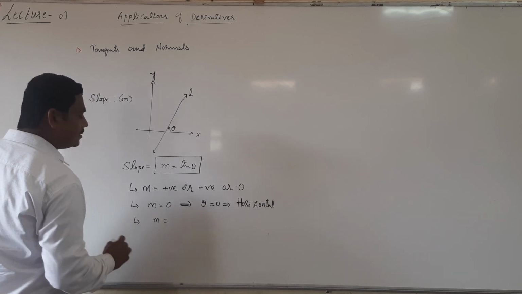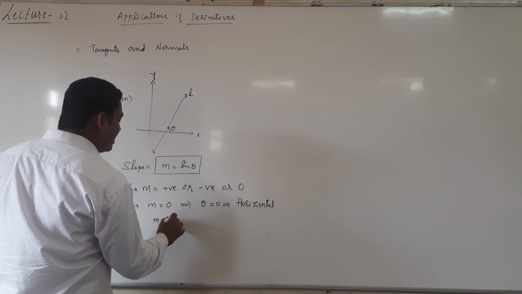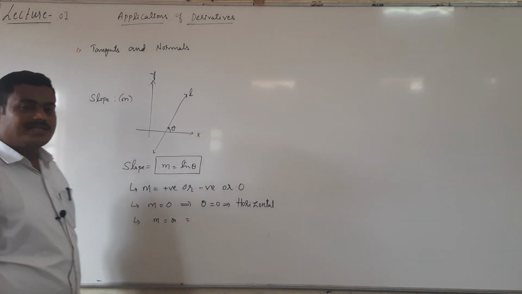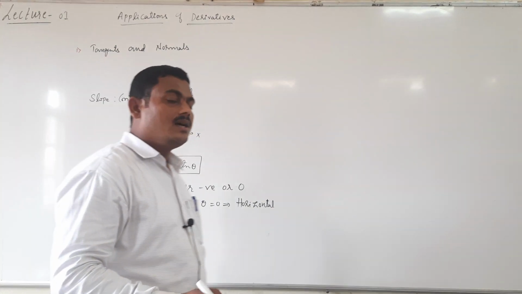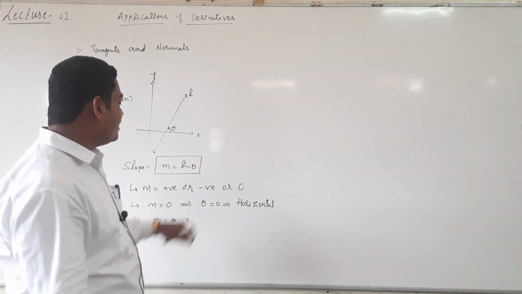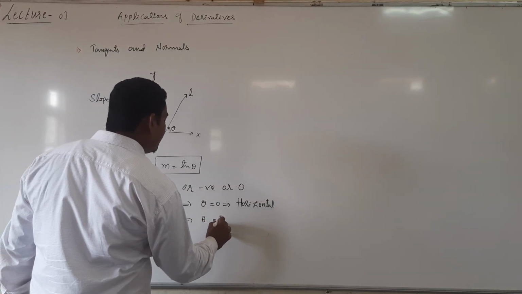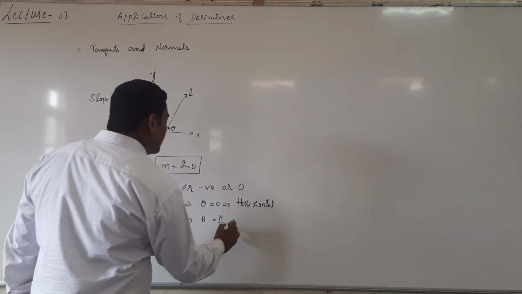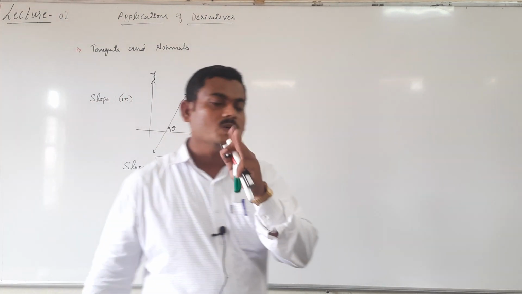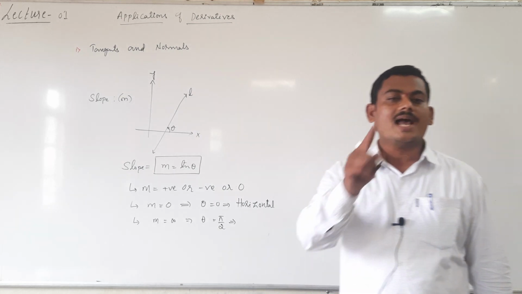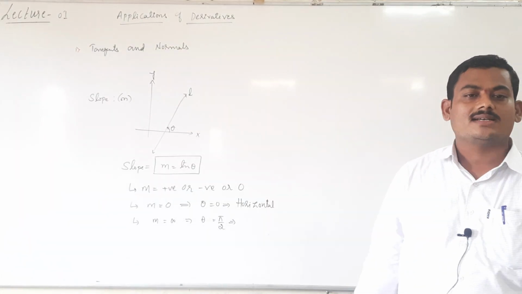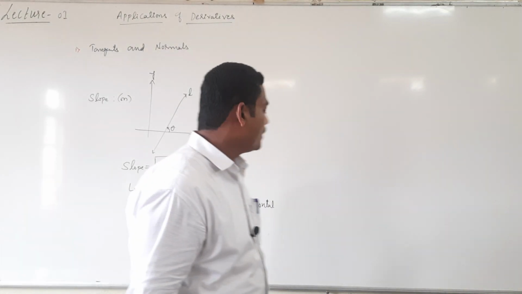Then m is not defined. When slope is not defined, when theta is 90 degree, then tan is not defined. Then theta is equal to 90 degree. Any line parallel to y axis or y axis itself is known as vertical line.